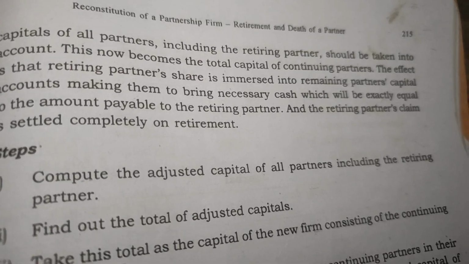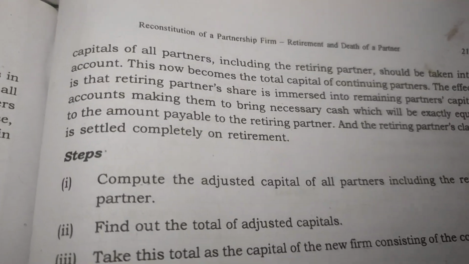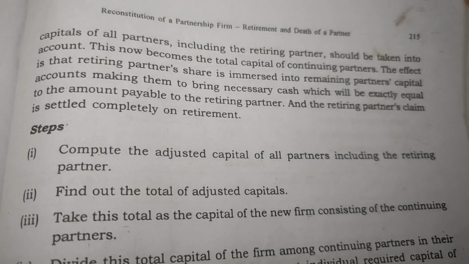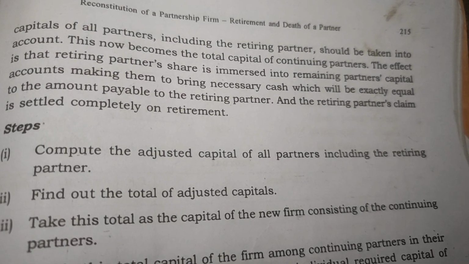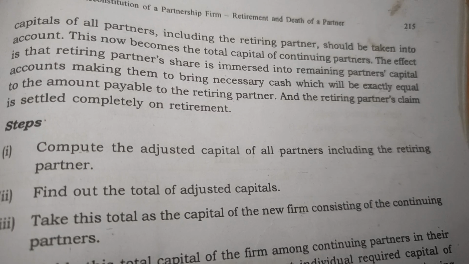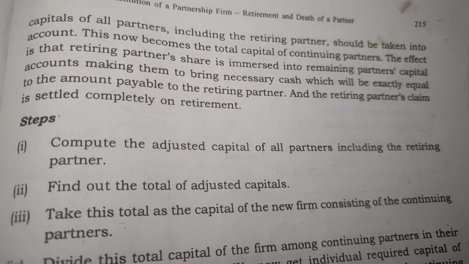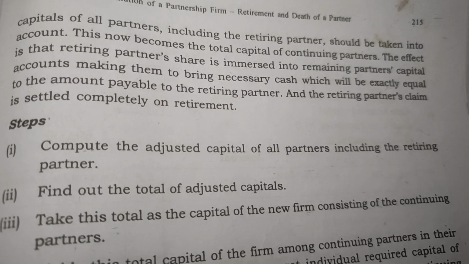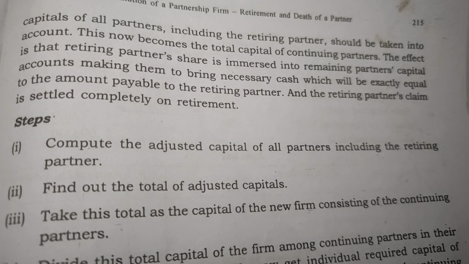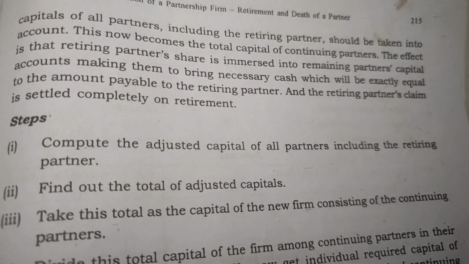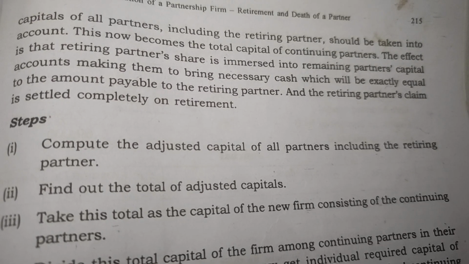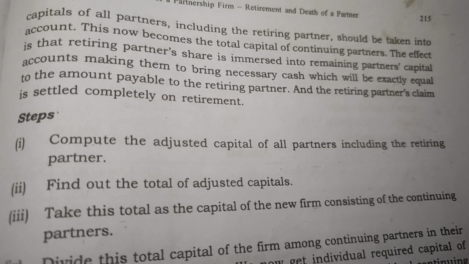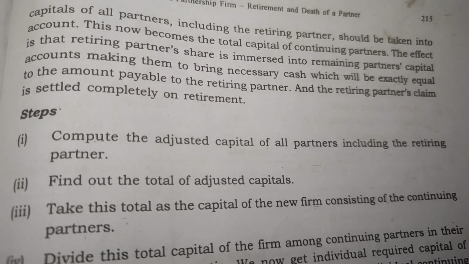The effect is that the retiring partner's share is immersed into the remaining partners' capital accounts, making them bring necessary cash, which will be exactly equal to the amount payable to the retiring partner. Add the retiring partner's claim, and the retiring partner's claim is settled completely on retirement.